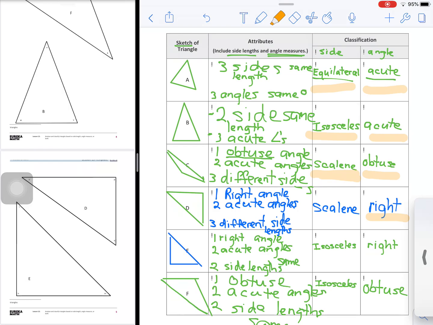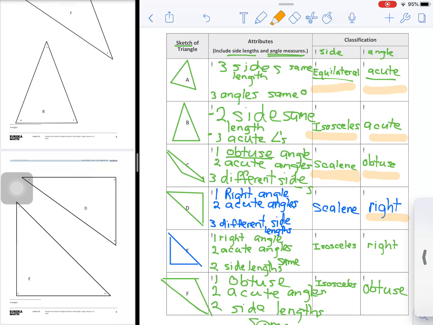All right, as you do your problem set today, you're going to select equilateral, isosceles, scalene, and you're going to select acute, right, and obtuse. Be sure each time that a question asks you to classify a triangle that you fill in both classifications, okay?